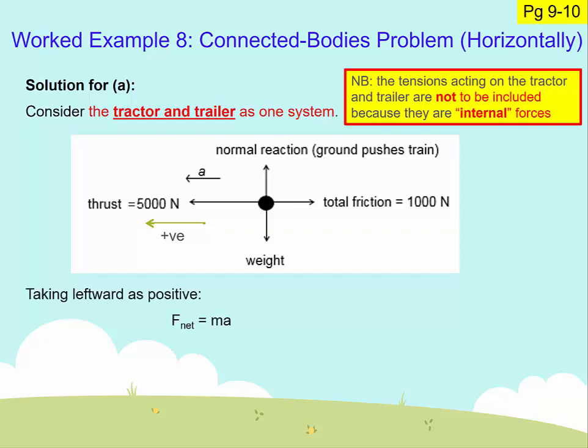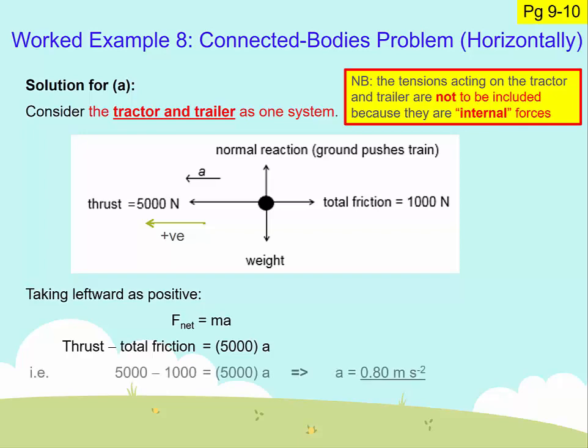Taking leftward as positive, so follow the direction of the acceleration. Thrust minus total friction equals 5,000, the mass, multiplied by acceleration. Sub in the values, you can find the acceleration. So acceleration is positive, that means it is in the direction of the thrust, which is to the left.